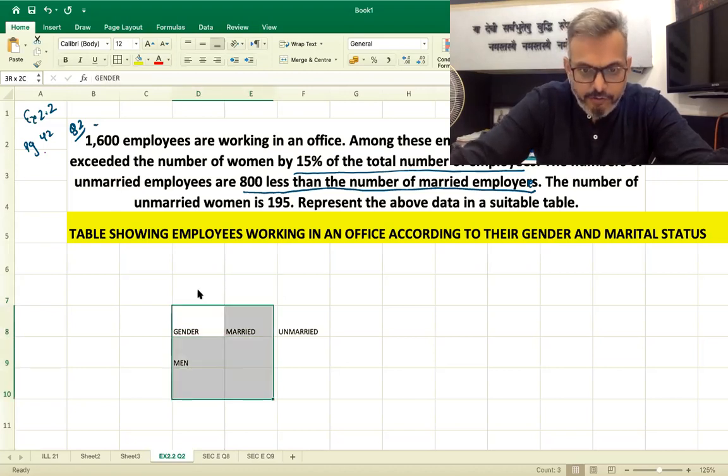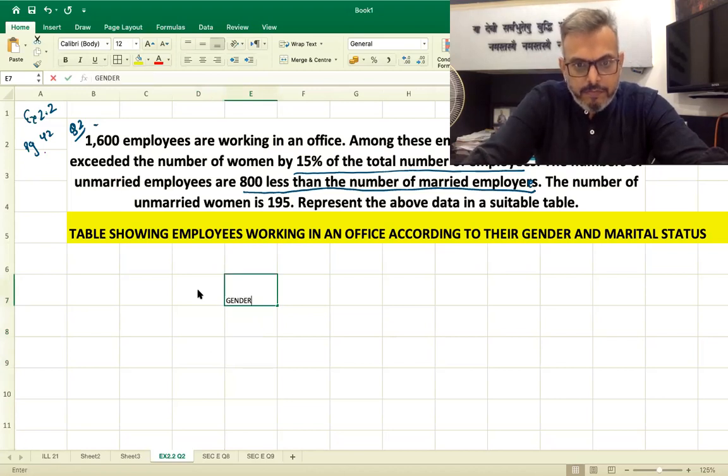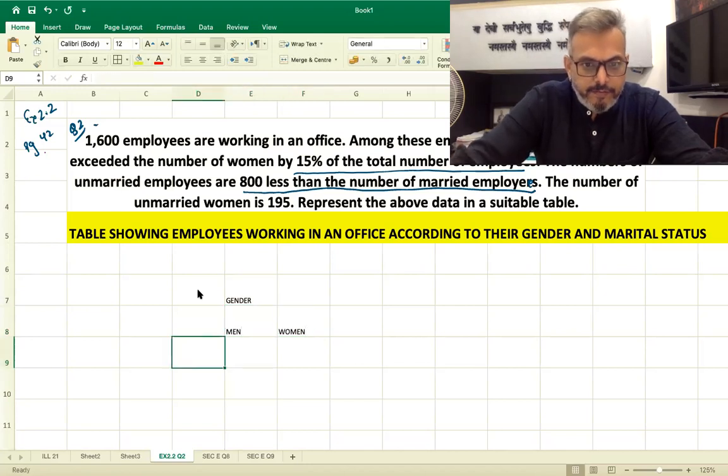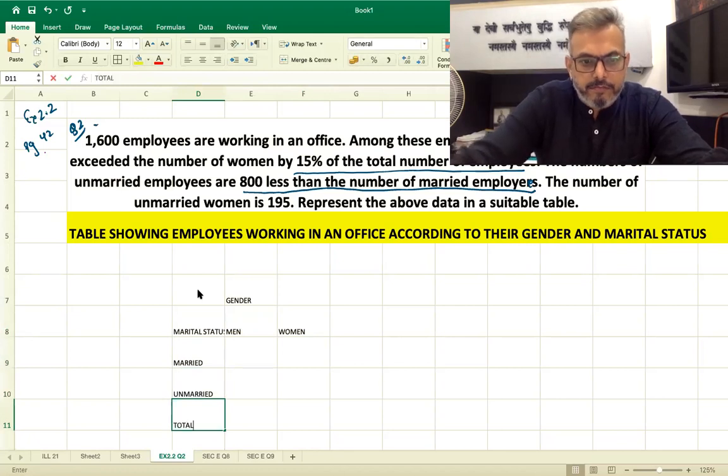Let's change the layout. I will take gender over here: men, women. Marital status: married, unmarried, total.